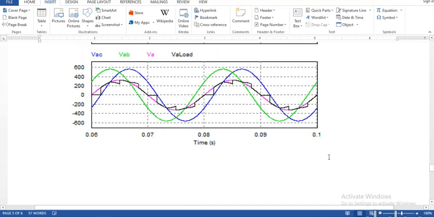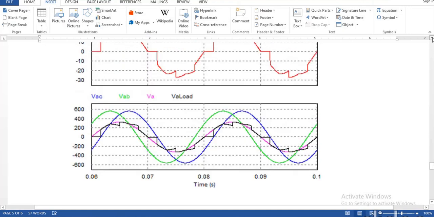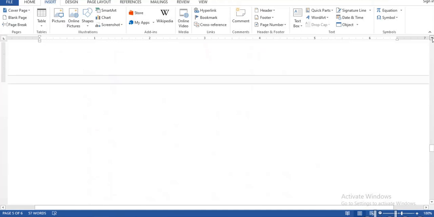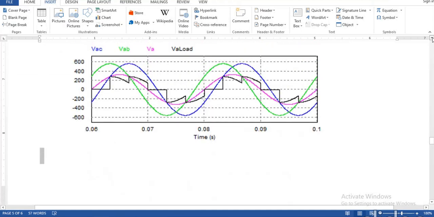Whereas with a larger firing angle, you would normally see that the voltage appearing across the load is mainly line voltage divided by 2. That's what we saw in the previous case. When the firing angle was 60 degrees, we never see the pink, magenta voltage appearing across the load at all.